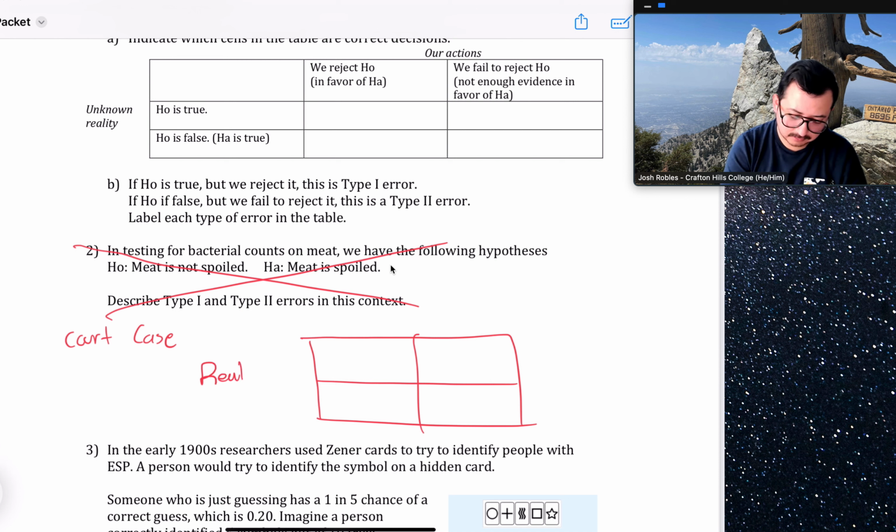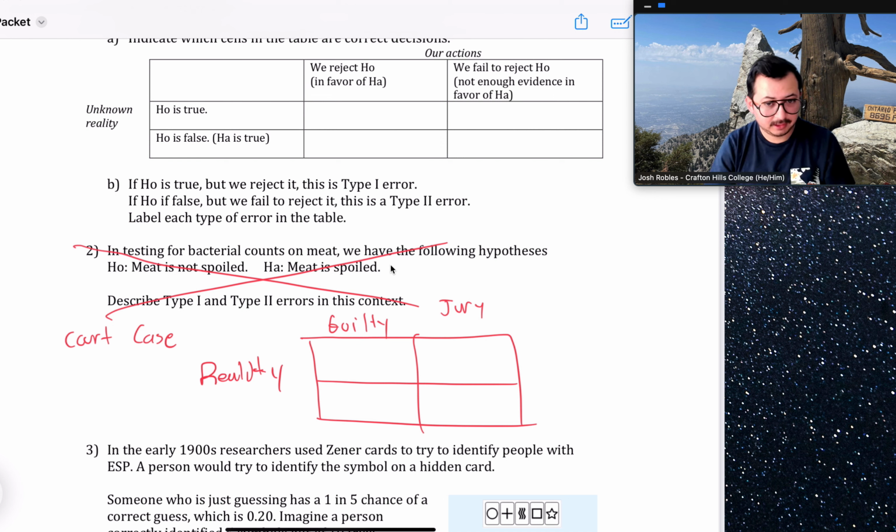So reality and the jury's decision. So a jury can decide to say guilty. In reality, they could be guilty. And so that's the correct decision. There's nothing wrong there. This topic is about errors. There's two types of errors we can make. We don't know which one we're making at any given time, and we might not be making an error.